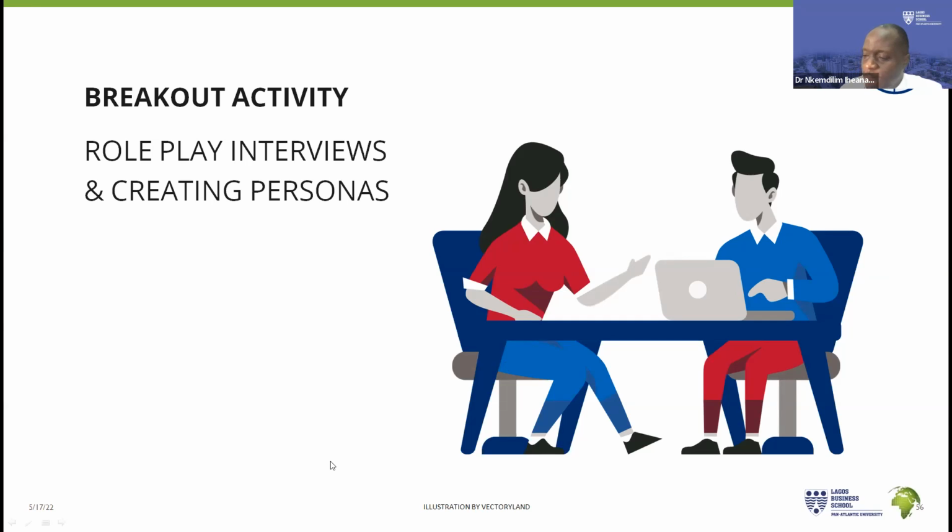We're going to have a 2-in-1 breakout session. What we're going to be doing is role-playing interviews based on what we just learned. Once we break out into our rooms, depending on how many people are around, we divide ourselves into the facilitator, the note taker and things like that.